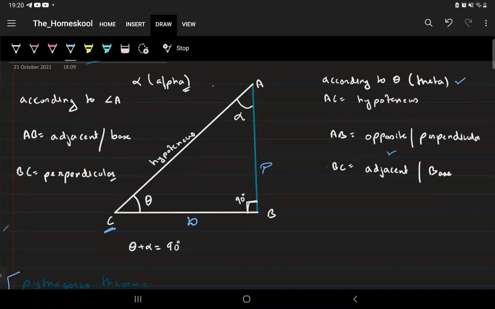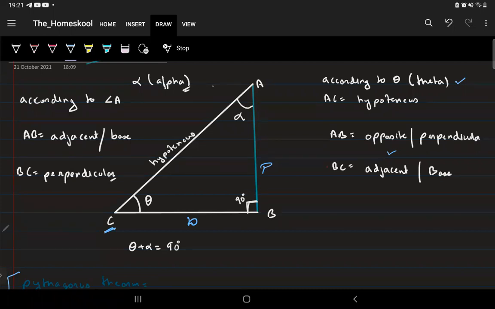Now, if I talk about angle alpha, which is angle A, for angle alpha, which side will be my base? Now you can message. Very good, Anya. Very good, Tanushri. Yes, correct.